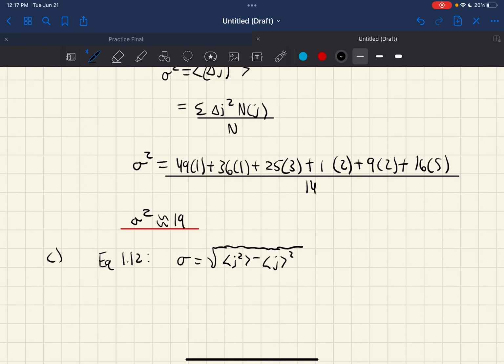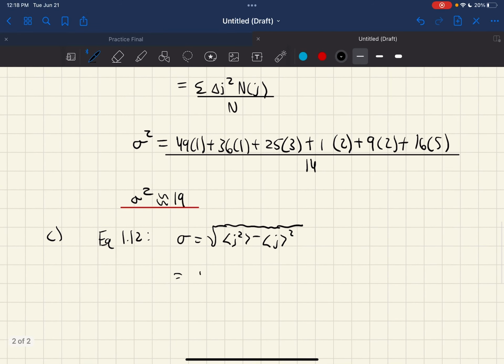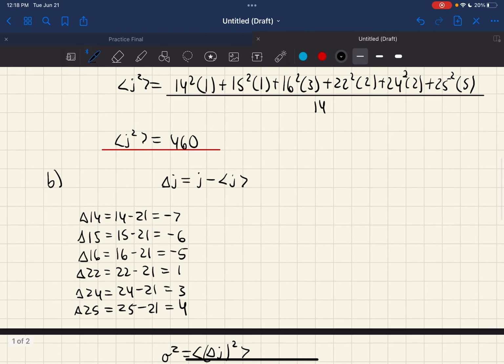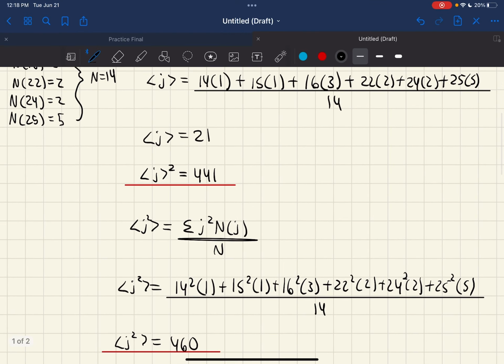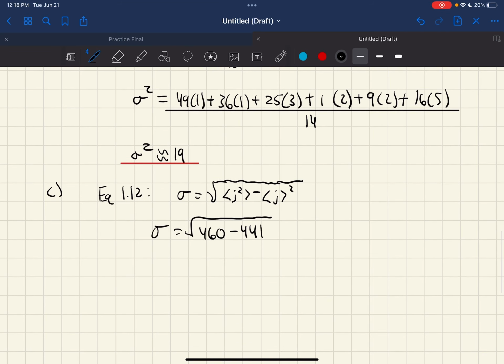We found in part A that the expectation value of j squared is equal to 460. So we've got 460 minus the expectation value of j, quantity squared, which is 441. And this is all under a square root. So this is equal to the square root of 19.